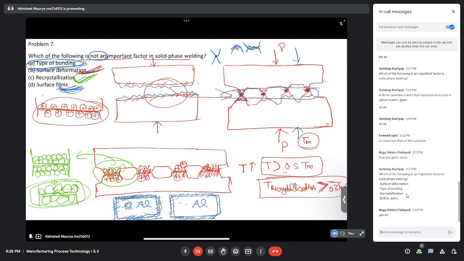But if we have area contact, then there is good bonding, or the bonding region or metallurgical metallic continuity region will increase, and that is responsible for the bonding or the solid state welding.